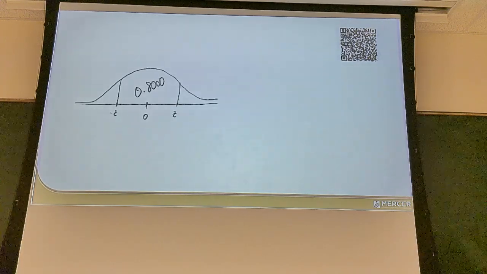Well, if 80% is there, how much is left? But it's symmetric, so how much is in each tail?